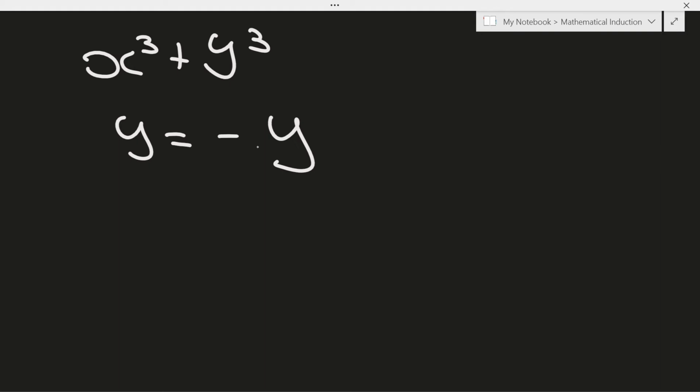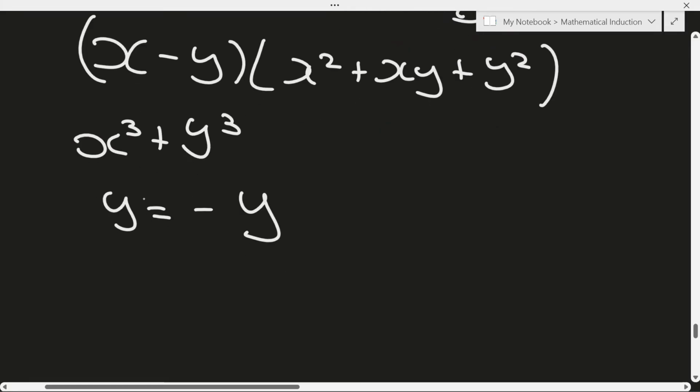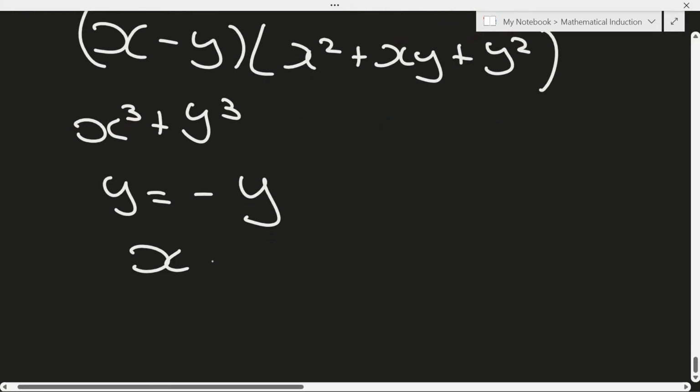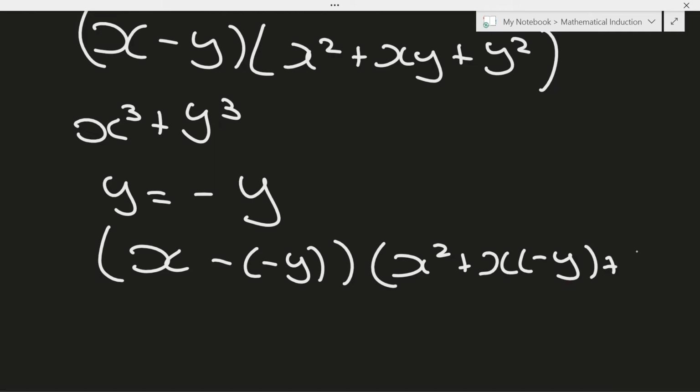So if we say y is equal to negative y, then what will happen is this value what we have here, right? We'll have x minus y times x squared plus x minus y plus minus y squared.